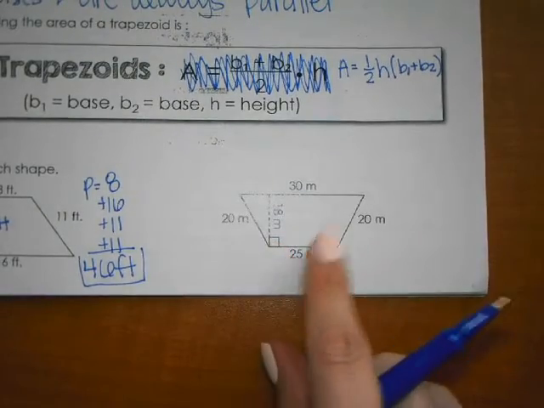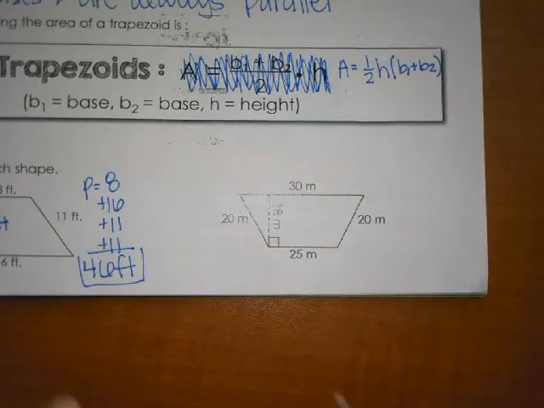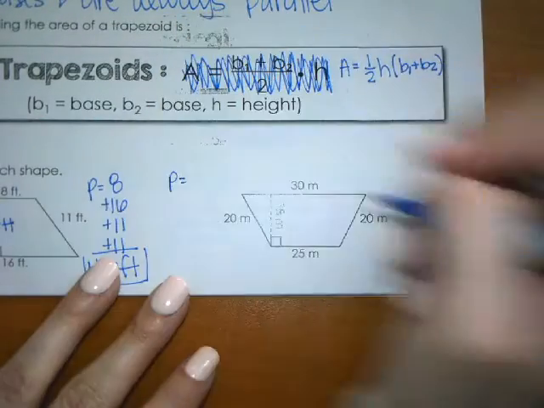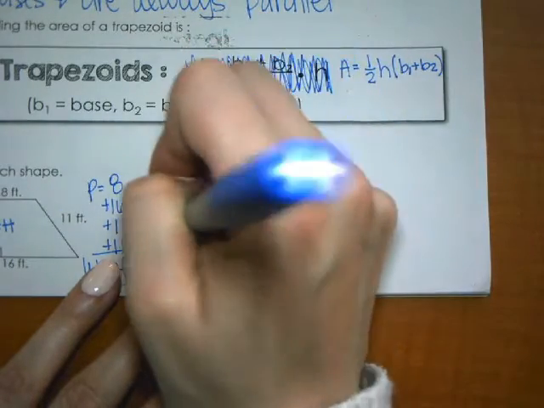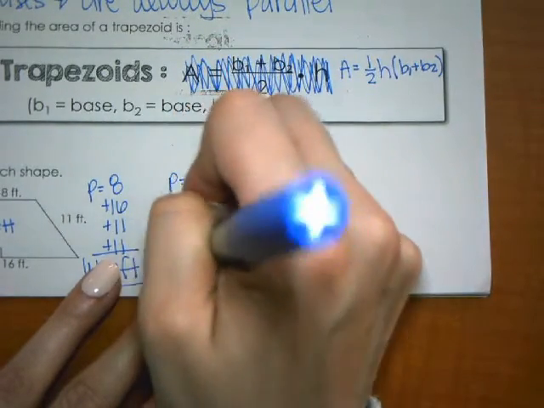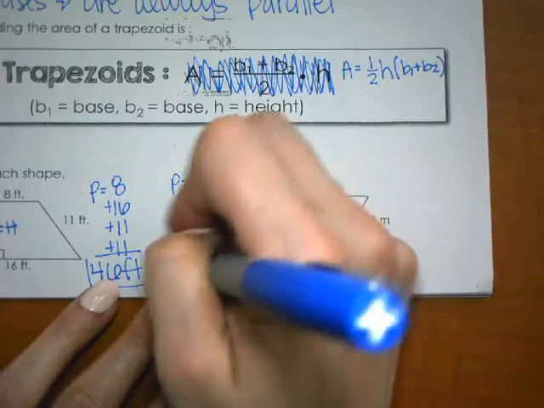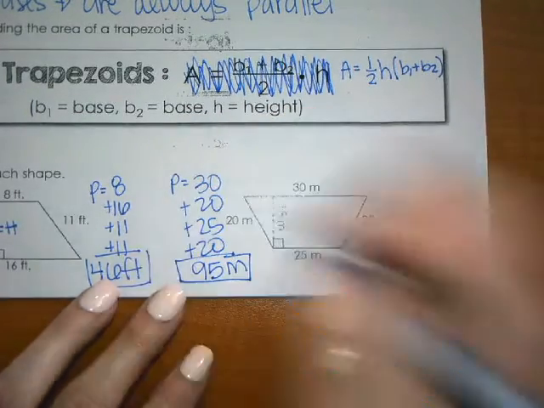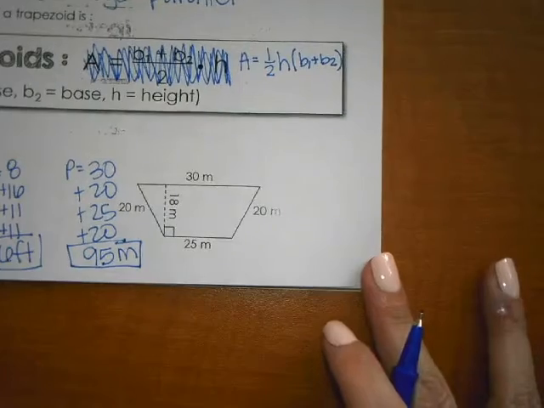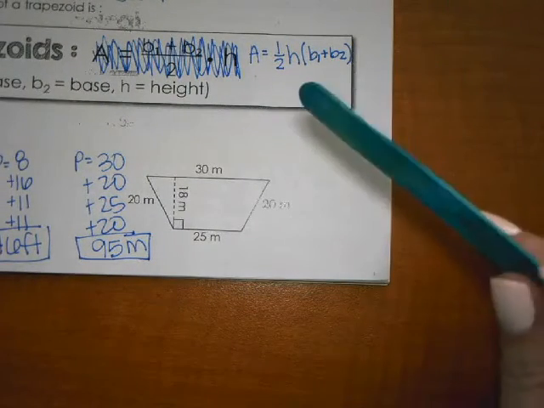How'd you find perimeter of the second trapezoid? Very good. Questions on that one, you guys?